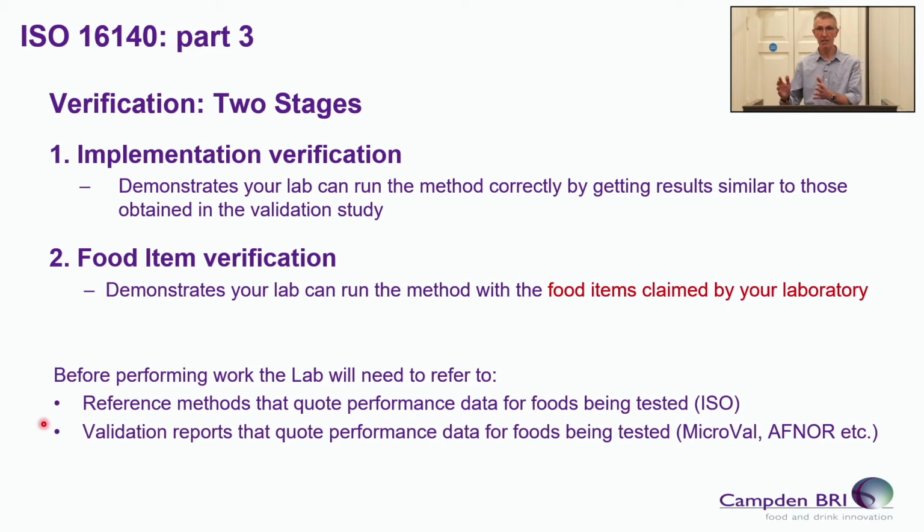Now that performance data is the validation data for that ISO method, and that's key when it comes to implementation verification. If you're using an ISO method, you will be looking at that back part of the ISO standard, and that will be your comparator data when you're doing implementation verification.